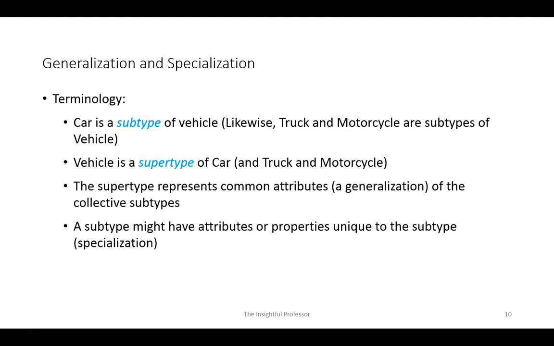A commercial truck might have attributes such as gross weight, number of axles, and these attributes would not apply to a car, nor would they apply to a motorcycle. So the supertype then represents the common attributes. This is the notion of the generalization, and the subtype would be the specialization, revealing attributes or properties that are unique to that particular type of object.